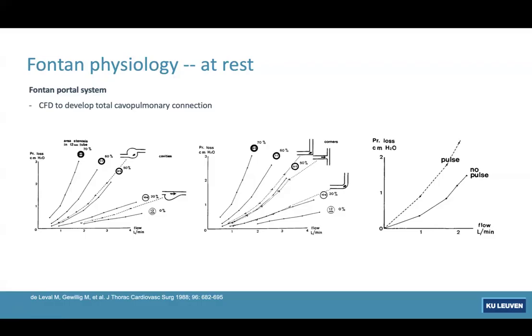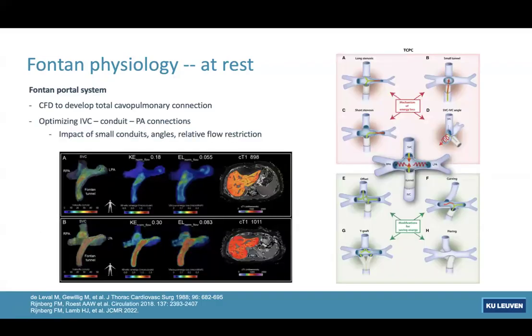And this very preliminary work was actually the basis of implementing a TCPC instead of a classic right atrial to pulmonary artery connection at the time in the early 1990s. So very interesting work that continues up until today. If we think about Fontan connections, we also think about optimizing those Fontan connections in order to decrease energy loss.